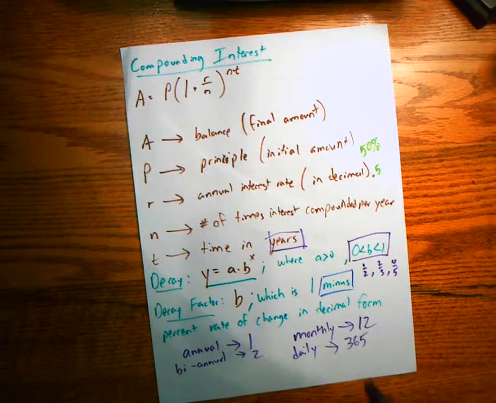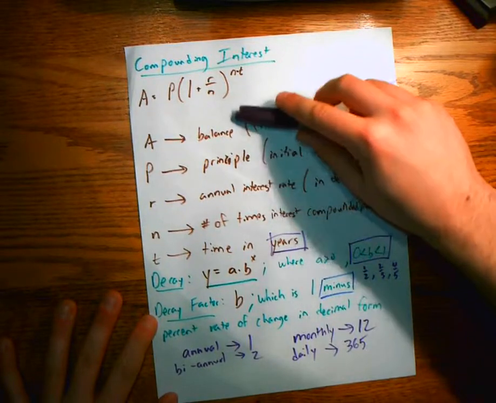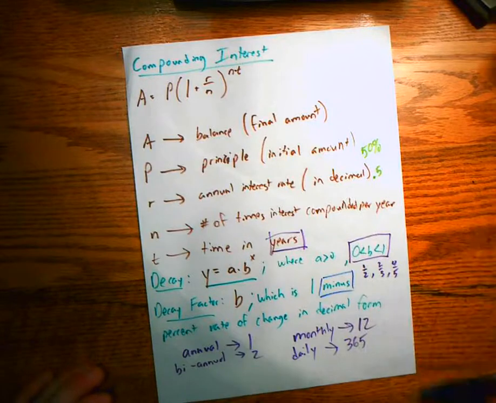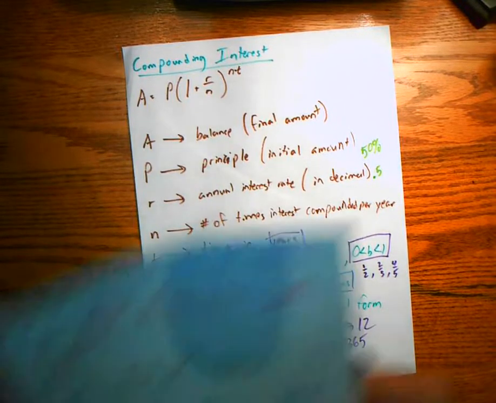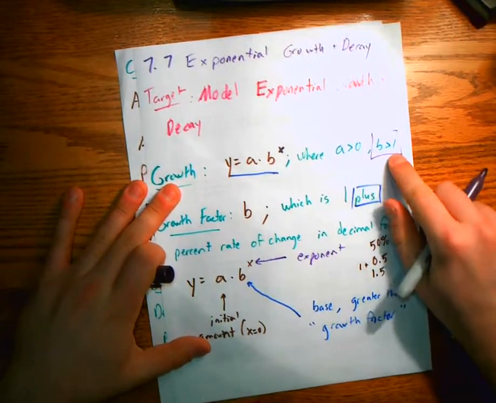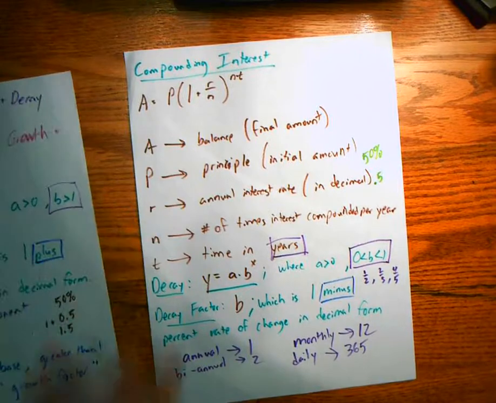Always, if it's going to be an exponential decay function. So it's really important that you get down what each of these values represent, especially this formula, and know the difference between growth and decay. Growth has a b value greater than 1, and decay has a b value between 0 and 1. Those are the most important things that you can write down from this video.